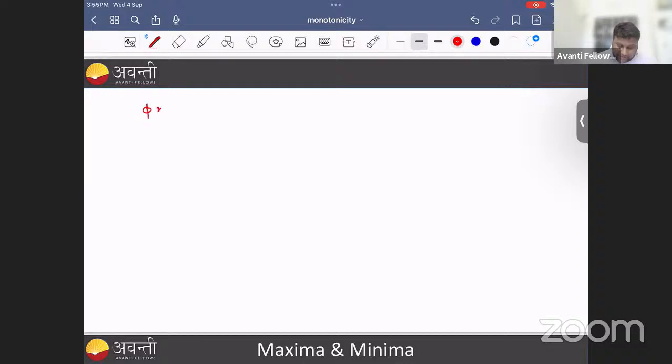Phi x is given to you as f(x) plus f of 1 minus x, and f double dash x is less than 0 in minus 1 to 1. Got it?